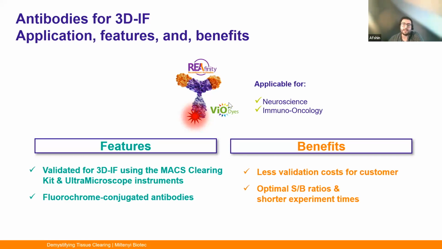These are tiny, bright, and very photostable. This would actually save time from your side, because then you need to do only one-time staining, not primary and secondary, already reduced to half, reduce the time to half. And also this would give you the optimal signal to background ratio. This I can also explain later.